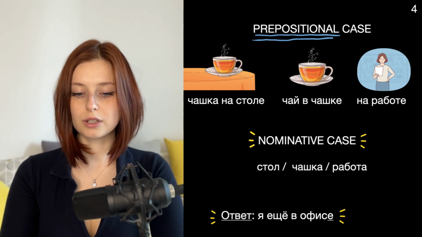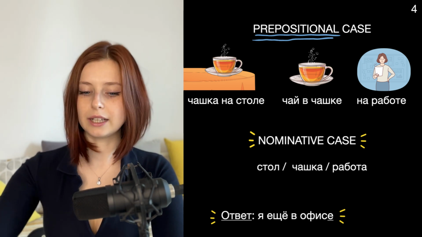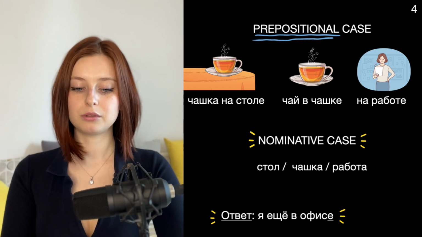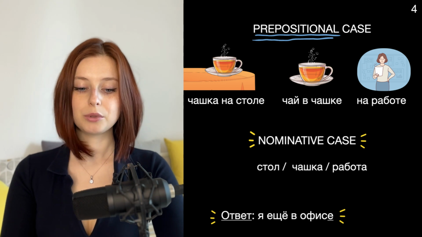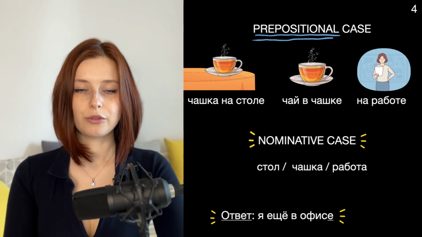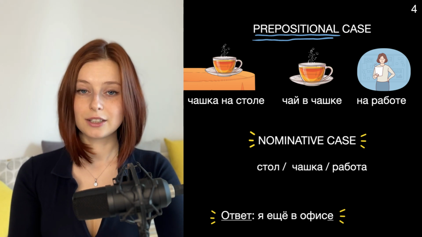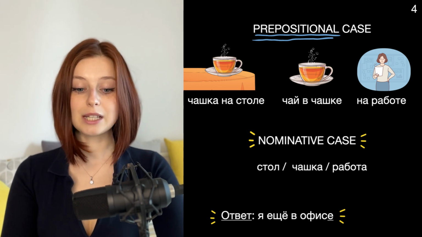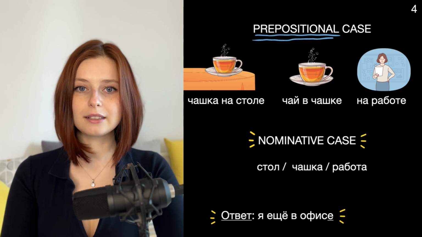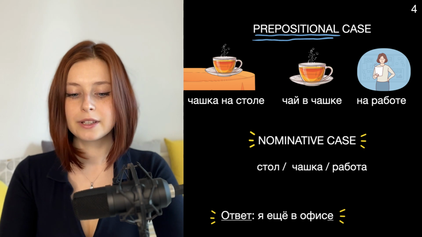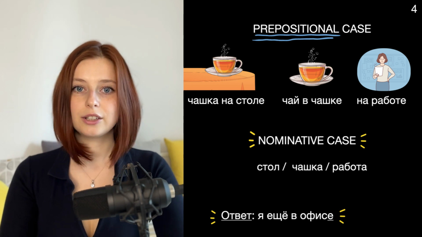Дома буду поздно. At home will be late, literally. If it was, for example, at work, what is work, first of all? It's работа, да? На работе. For feminine nouns, that's what we do. We just replace the last vowel. It can be а or я normally, and we add, again, е.